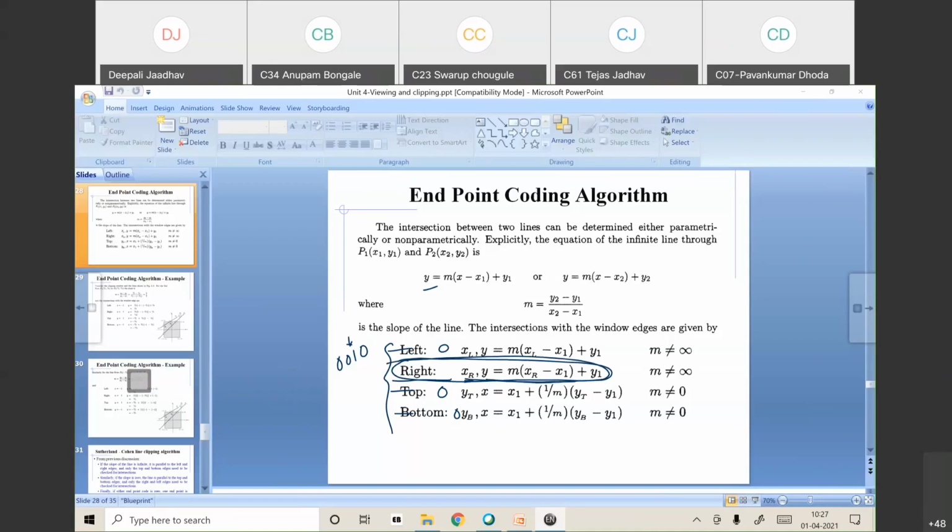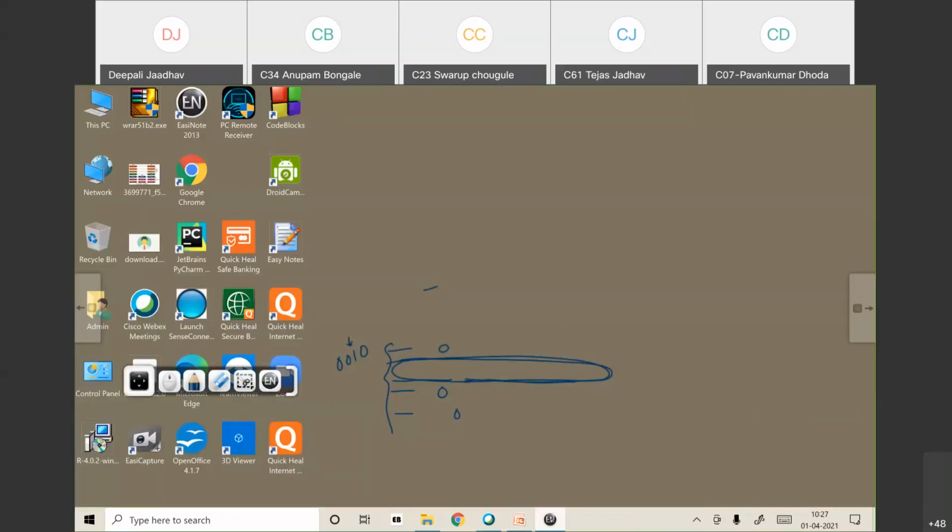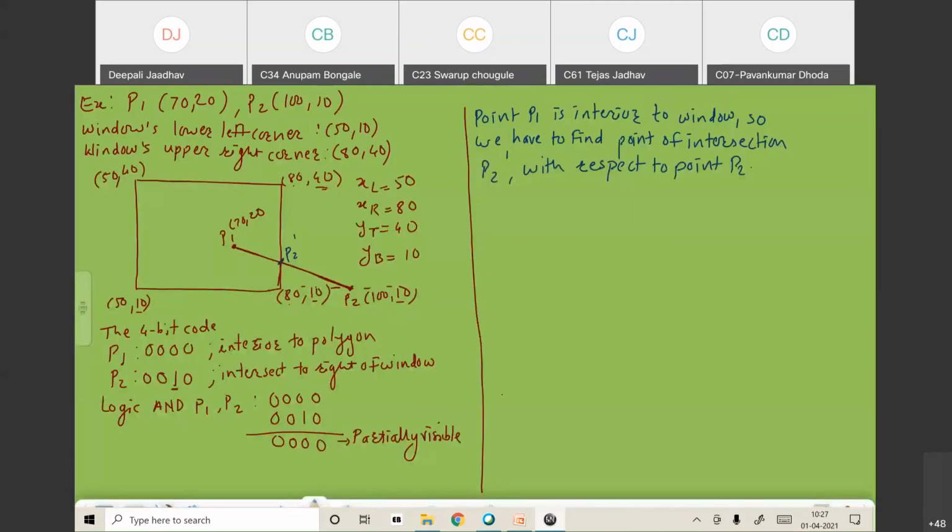Now see. First we calculate slope. M is equal to y2 minus y1 divided by x2 minus x1. What is our y2? 10 minus 20 divided by 100 minus 70, which is minus 10 divided by 30, means minus 1 by 3 is our slope.